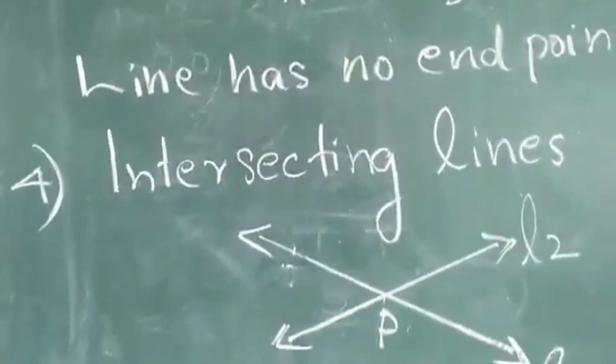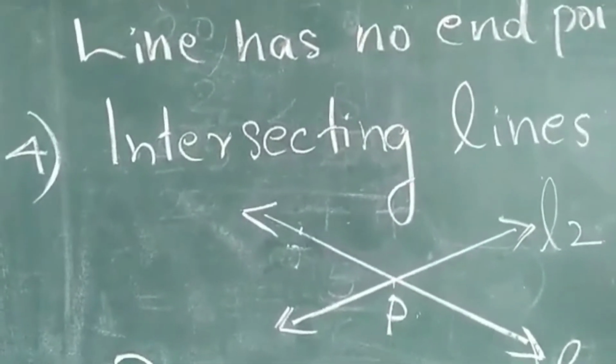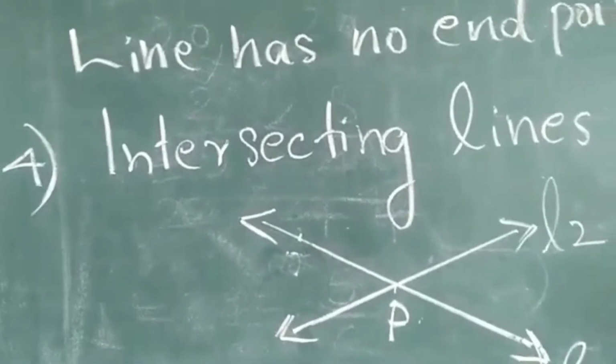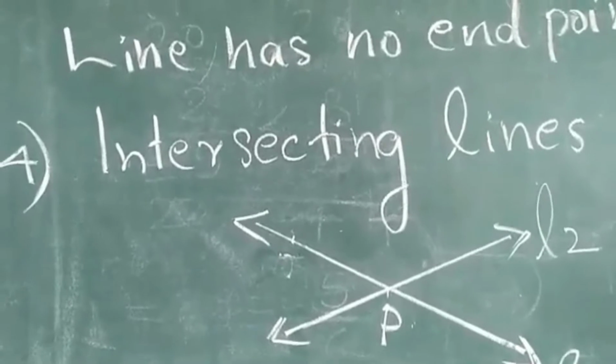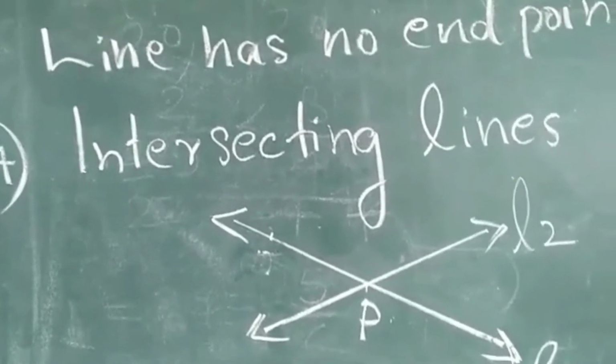Next point is intersecting lines. What do you mean by intersecting? Intersecting means meeting or joining at a point.